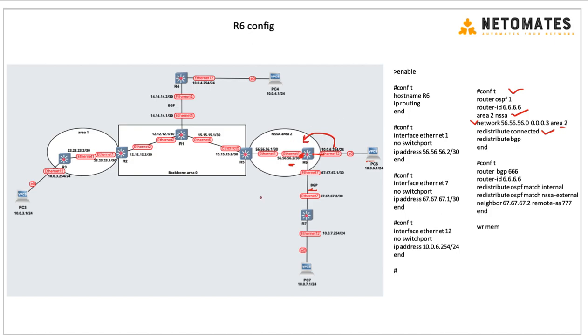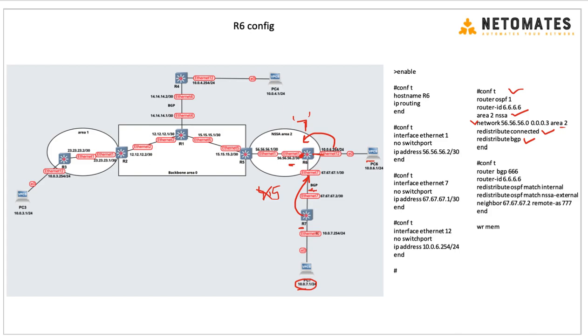In NSSA area, type 4 and 5 LSAs are not allowed. So what R6 will do is generate type 7 LSA to redistribute these connected routes as external routes into OSPF. Then redistribute BGP. From R7 we will learn about the 10.0.7.0 network. It will send it through to R6 using BGP.